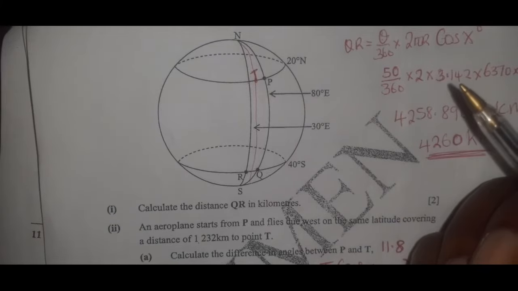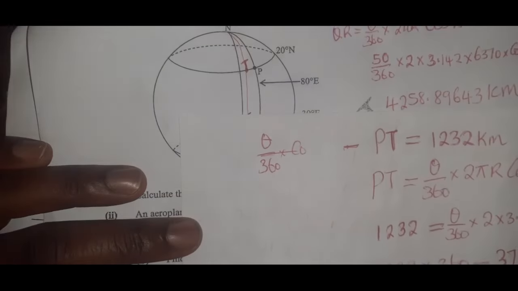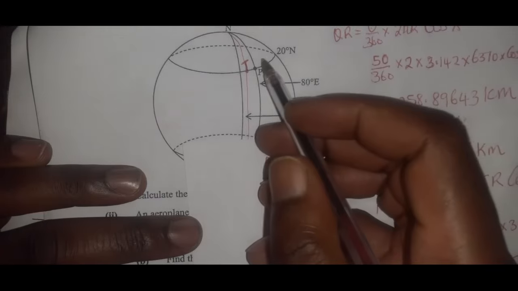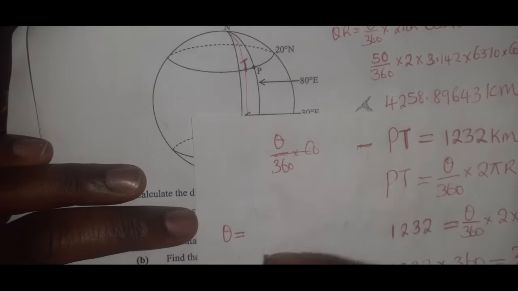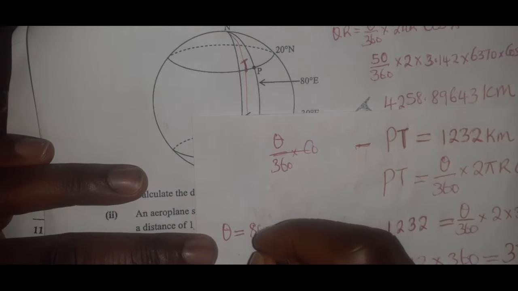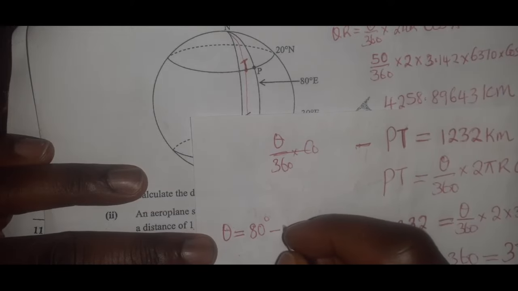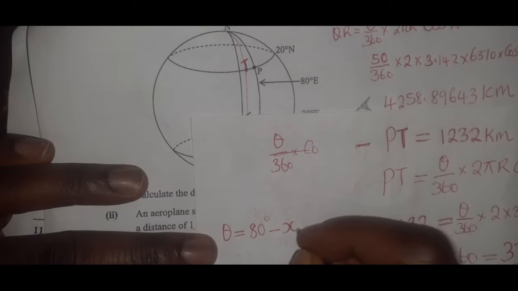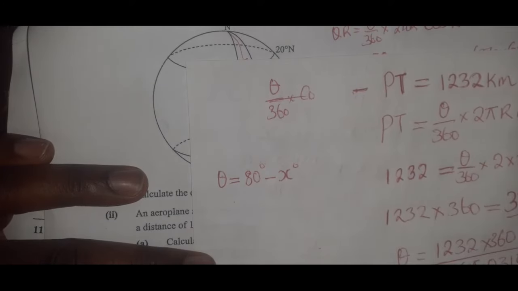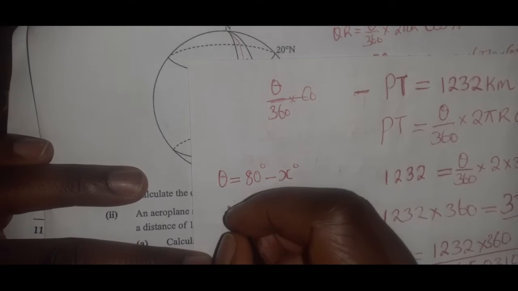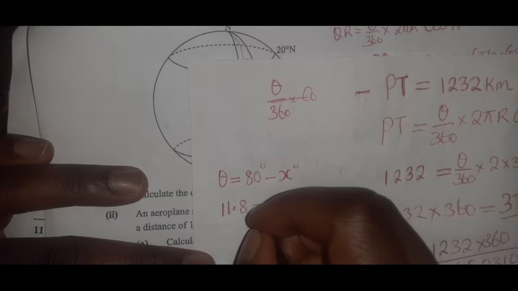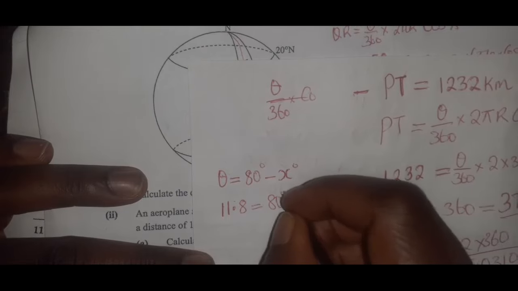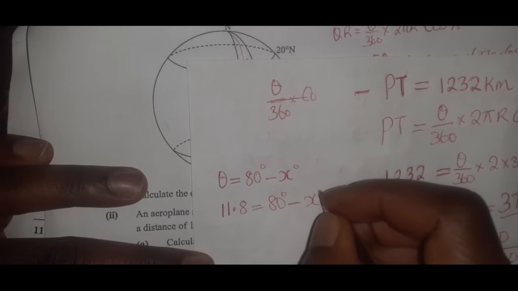If you remember what we were doing, to find the difference in longitude, theta, we say it is 80 degrees minus x degrees. Our theta has been found as 11.8, which is equal to 80 degrees minus x degrees.